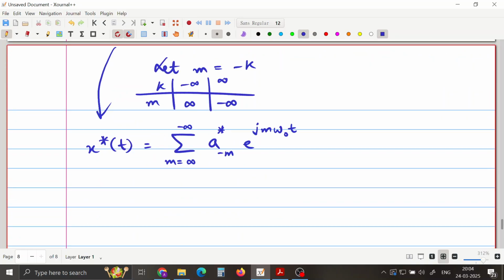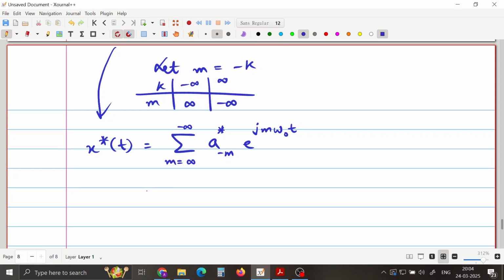Now one more thing we can do is simply interchange the upper and lower limits, because summing numbers from the negative side to the positive side is the same as summing from the positive side to the negative side. Ultimately the result of the summation is the same, so it doesn't matter from which direction you take the sum.